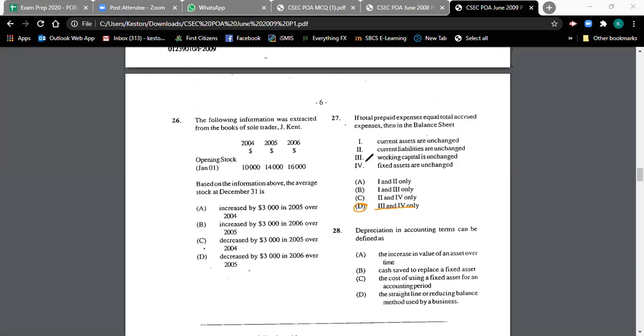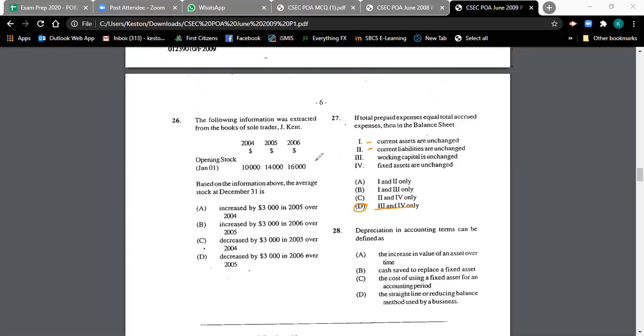Alright, no problems. Tell me why you want to go with 1 and 2. Current assets are unchanged, current liabilities are unchanged.